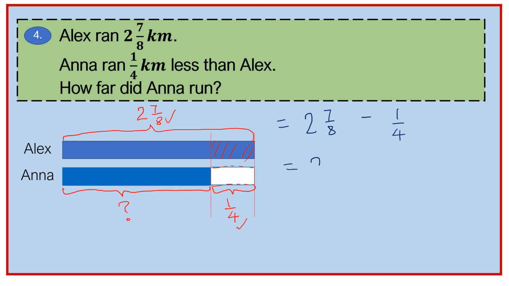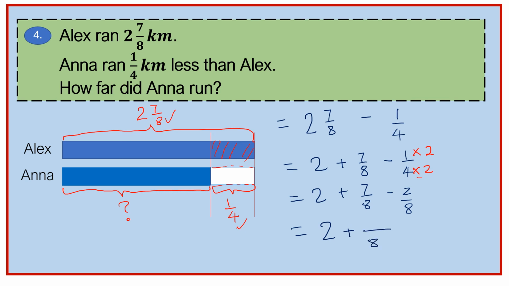So we get 2 plus 7 out of 8 minus 1 out of 4. So we can get 4 times 2 and 1 times 2. And we get 2 plus 7 out of 8 minus 2 out of 8. So that we get 2 plus 8, then 7 minus 2.